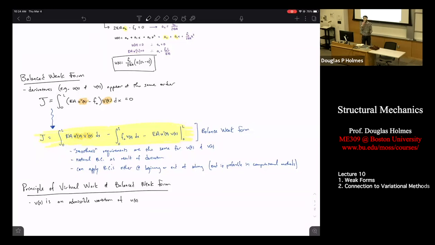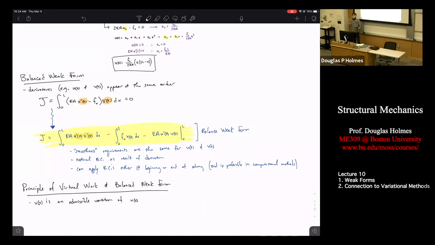What do I mean by admissible variation? What I mean by that is exactly what you're used to me saying when I talk about the principle of virtual work, is that as long as I ensure that my test function doesn't vary in places where it can't vary. So can't be arbitrary somewhere where it's clamped. That would be an inadmissible variation.